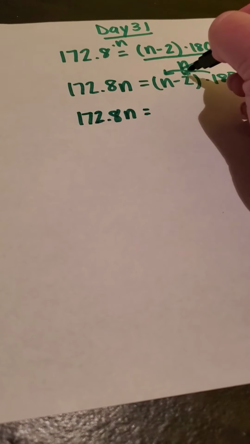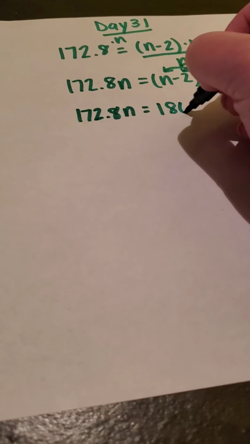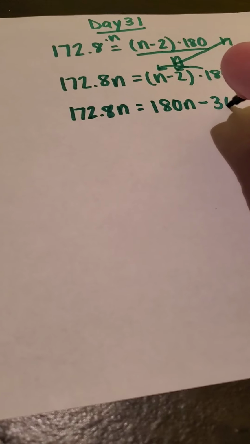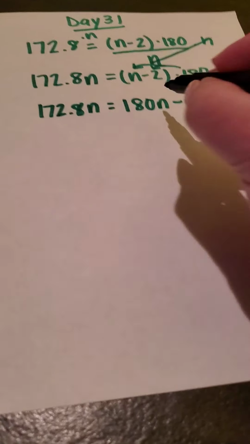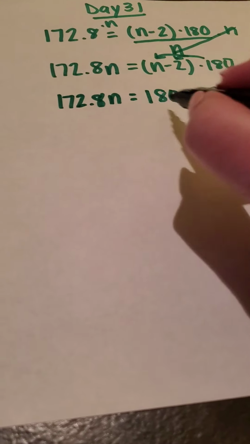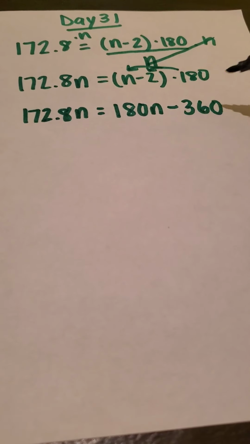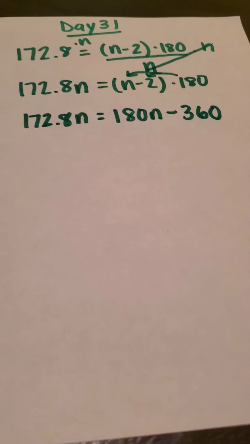So 180 times n is 180n. 180 times negative 2 is a negative 360. And that's actually going to happen over here every single time because, you know, it's a formula. This part is not changing. So when I distribute my 180, I get 180n minus 360 every time.